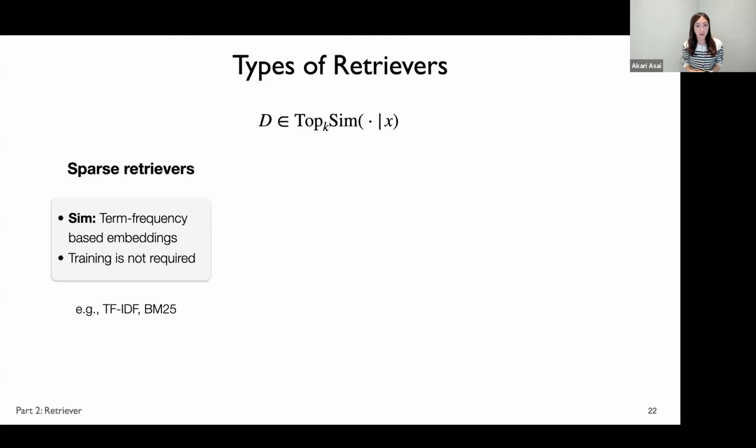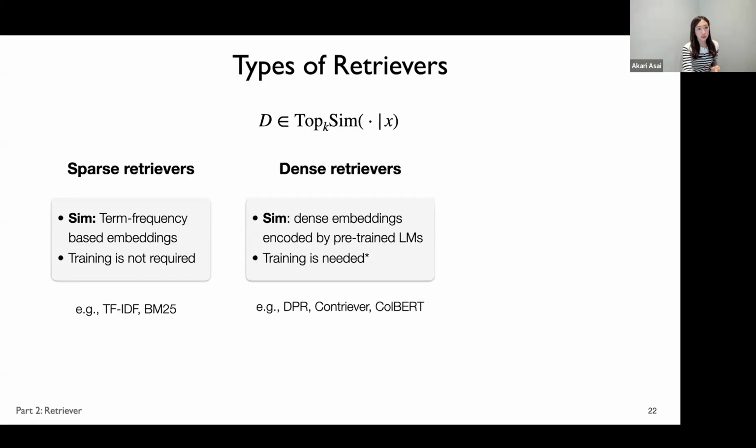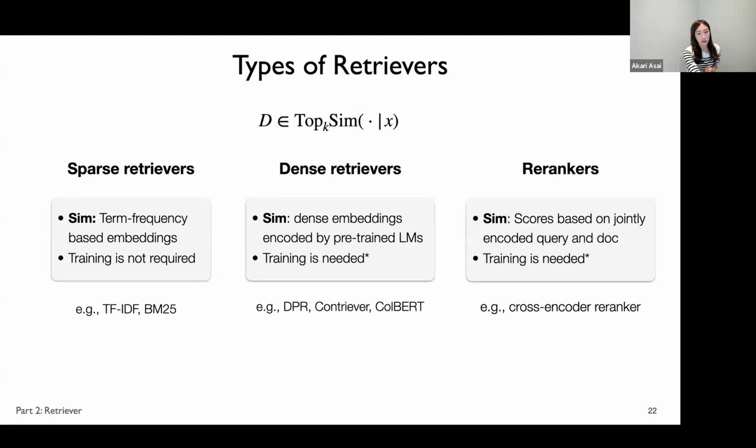Those sparse retrieval systems typically count word and term frequency in the documents to build an index, which doesn't require training. More recently, dense or neural retrieval systems have been shown to be more effective. They train neural retrieval models to compute embeddings of documents and queries, and compute the embedding similarity in this denser embedding space.